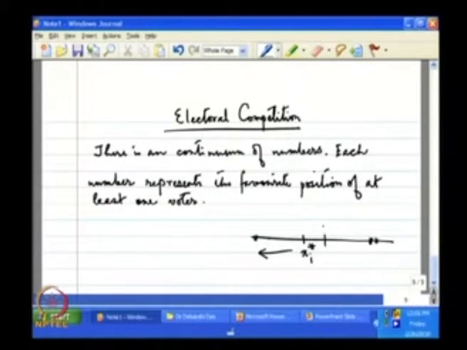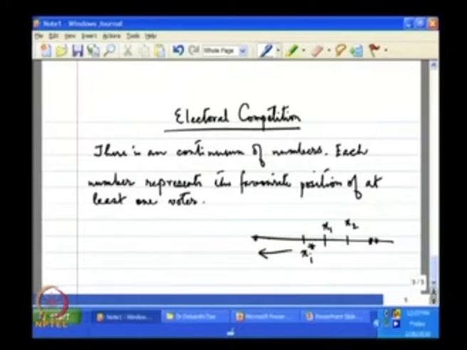Suppose there is another point x1 and there is another point x2. In this model, we are going to assume that he ranks x1 and x2, these two numbers, in the following sense: the further those numbers are from his favorite position, which is xi star, the less he likes those numbers. So, in this case x1 will be preferred by him to x2.